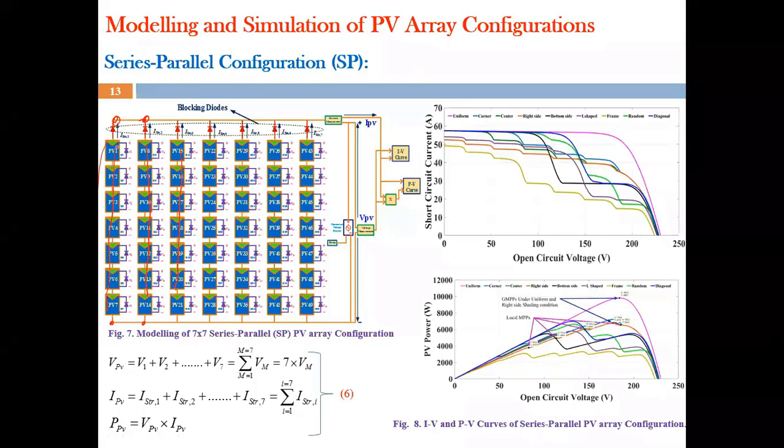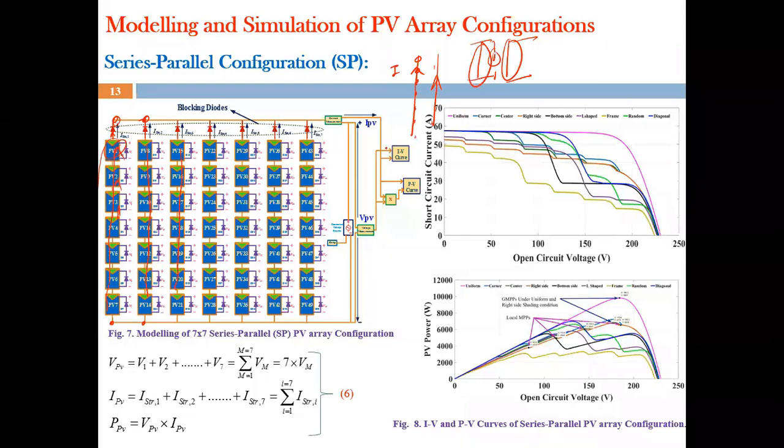Is it clear? The beauty is the current flowing through this array: through modules 1, 2, 3, 4, 5, 6, 7, the current flowing through each module is the same. These 7 modules' currents will be the same, whereas the voltage across this module will be equal to the voltage across the second module.